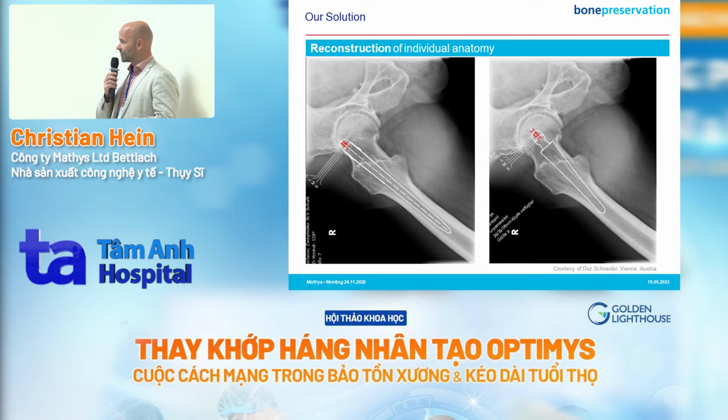But as you have seen before from Professor Pfeil with the anteversion, there's also the question, and our assumption was all the time, that we can better reconstruct the anteversion in a perfect manner.